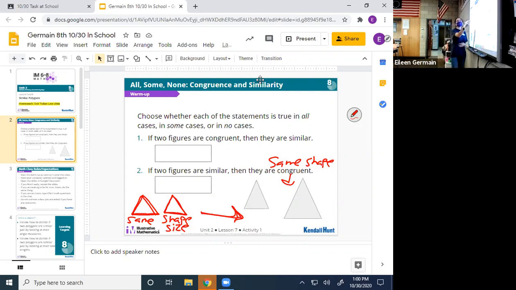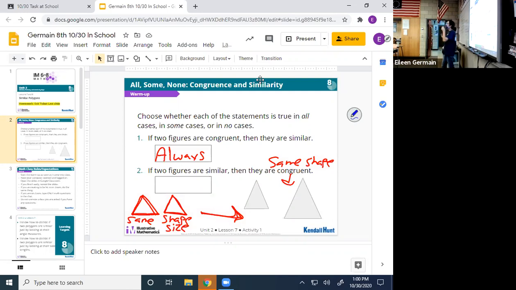So we can always say congruent figures are similar figures, but now we want to think of it the opposite way. Now we're thinking about similar figures. If you have similar figures, then we can call them congruent. Can we always call similar figures congruent though? No. Can we sometimes? Yes.